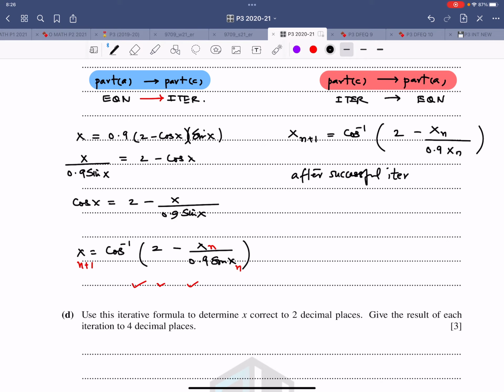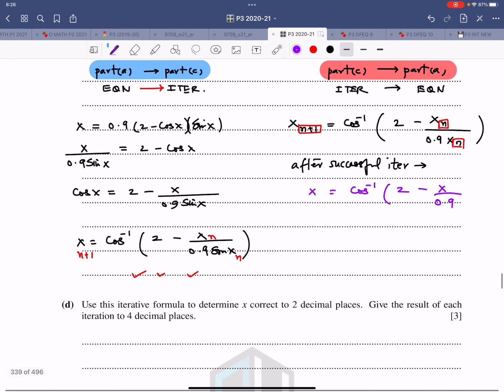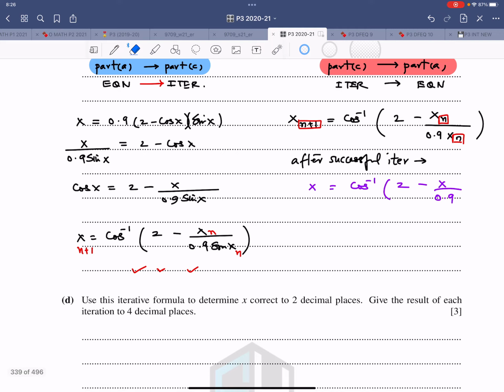So that is why this thing and this thing and this thing, they all mean the same thing, they disappear. So your equation is x equals cosine inverse of 2 minus x over 0.9 sine x. Let me just make this correction. This is 0.9 and this is sine of xn, and let me highlight it with a red because now it's gone.